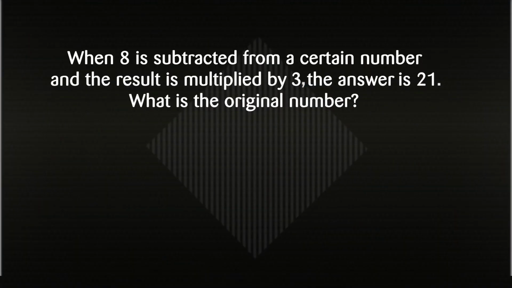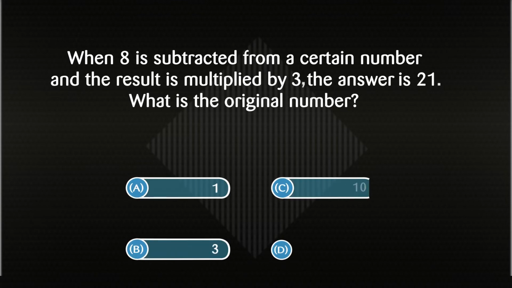When 8 is subtracted from a certain number and the result is multiplied by 3, the answer is 21. What is the original number? Now here we have a question written in worded form. We need to interpret it mathematically and solve to find that missing number.